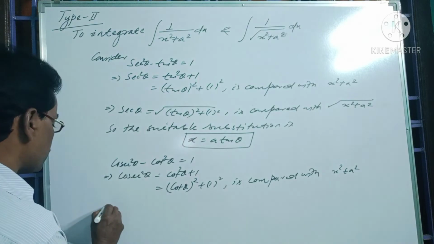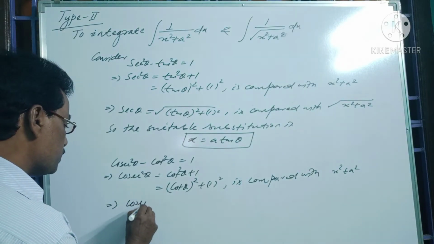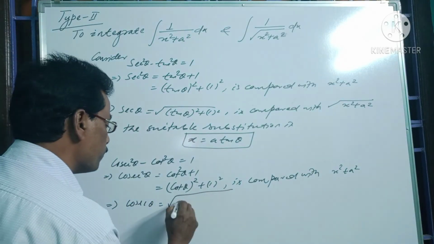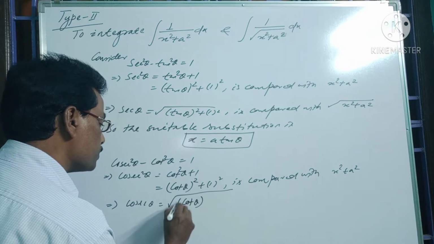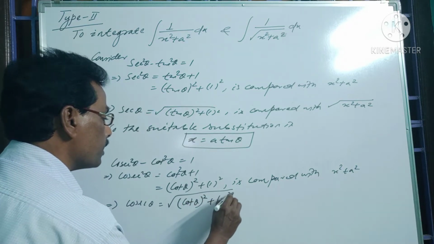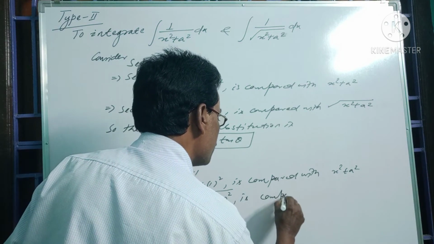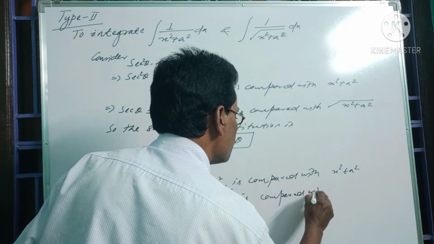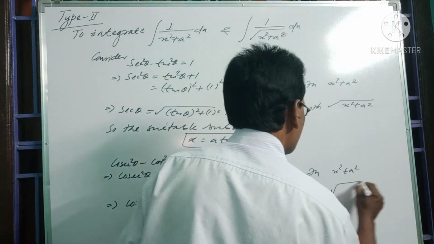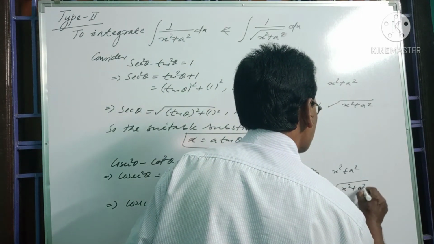Again simplifying, we have cosec theta is equal to root over of square of cot theta plus square of 1, which is compared with the irrational form, that is root over of x square plus a square.